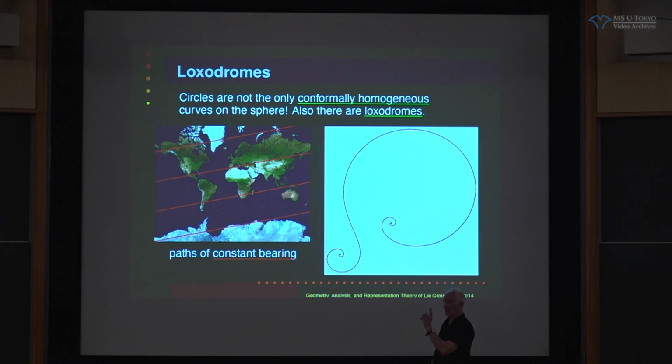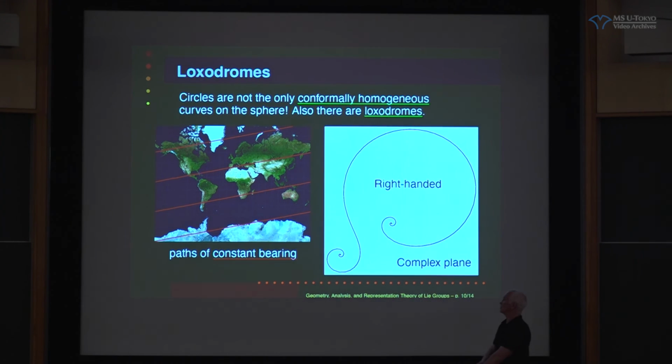Okay, they have an invariant because this bearing here is a real number, and actually they have a discrete invariant as well, because quite surprisingly this sort of thing spirals in the same sense at this point as it does at this point. They're both, if you like, right-handed spirals. They look the same at both points. So let's call this a right-handed loxodrome. And this is viewed on the plane. But otherwise, there's this continuous parameter, which is the bearing of this curve.